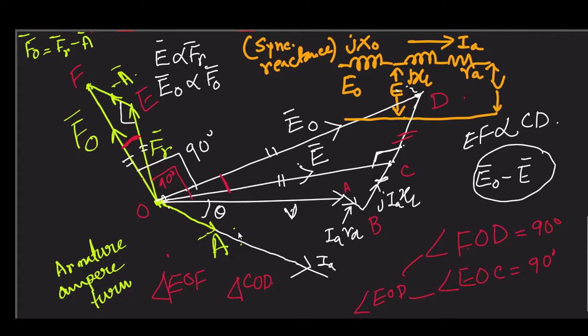This FR is the resultant MMF rotating in your air gap, and it is solely responsible for production of the induced EMF E across your stator winding. As we have considered in the linear representation, this E is magnitude-wise proportional to the magnitude of FR.